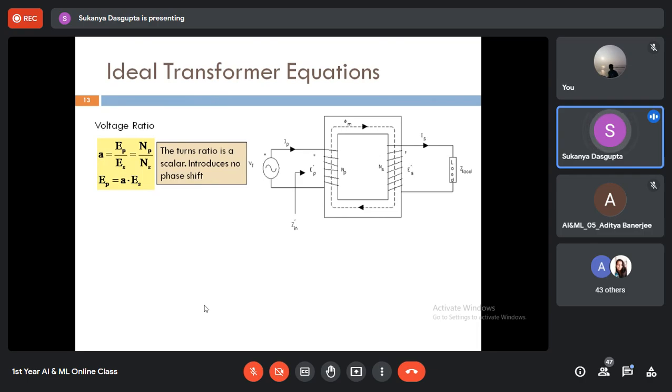So if A, the turns ratio, which is also known as voltage ratio, equals EP by ES, then the primary winding voltage, many other parameters being dependent on this ratio, EP is nothing but equal to the turns ratio times the secondary voltage. That is the most important EMF equation of an ideal transformer.